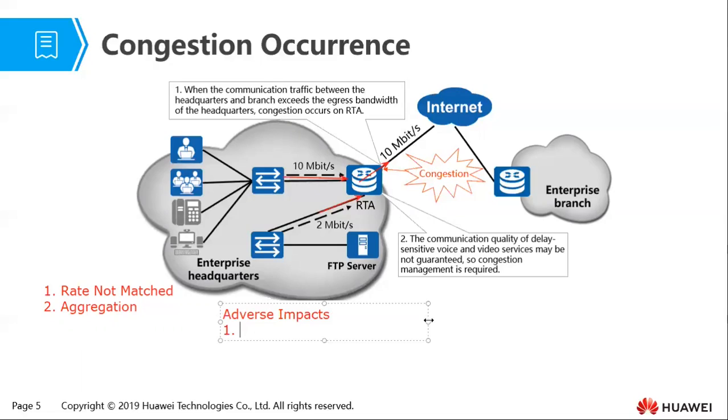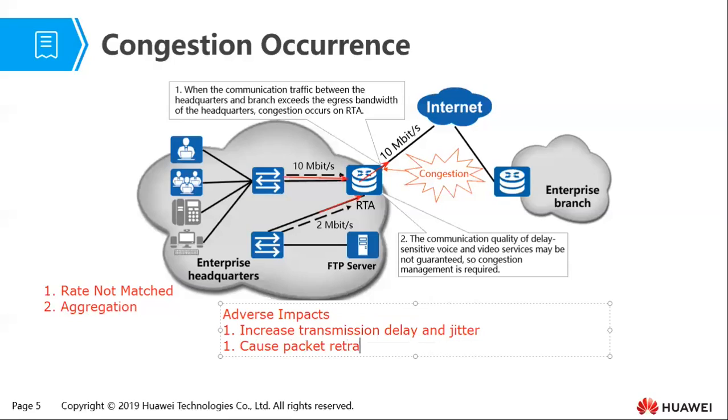Some of the problems it might cause include increased transmission delay and jitter. We already know that it's not good. It can also cause a lot of packet retransmission due to overlong delays. That's another disadvantage.